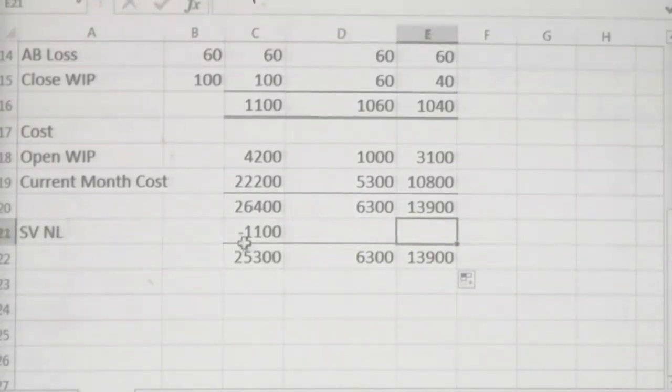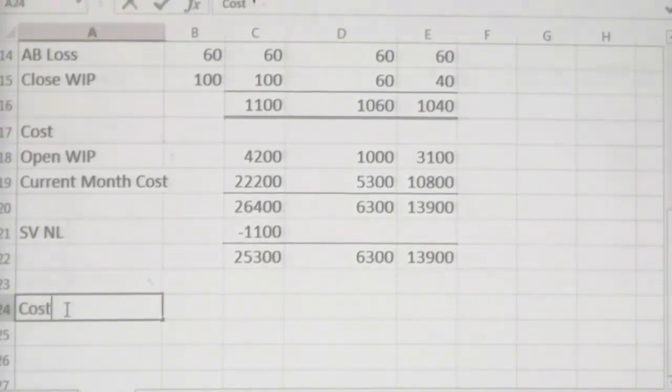Now, what you can do, you can divide this cost by the number of units to find out cost per unit. Now, let us take cost per unit.